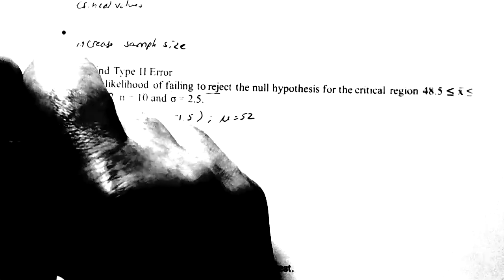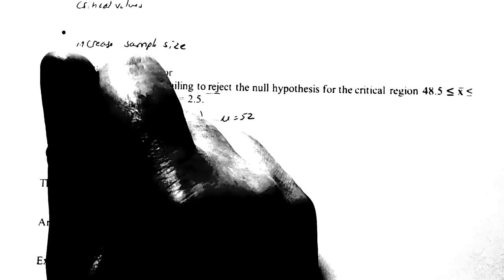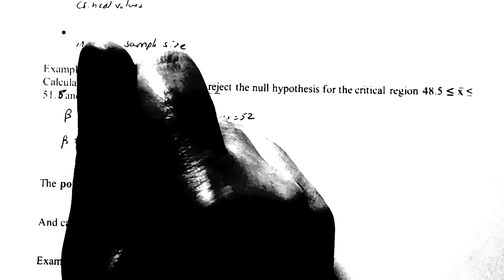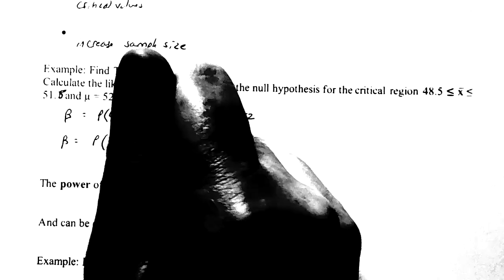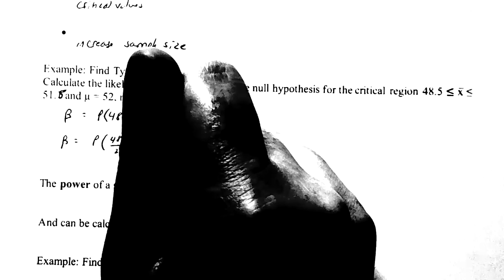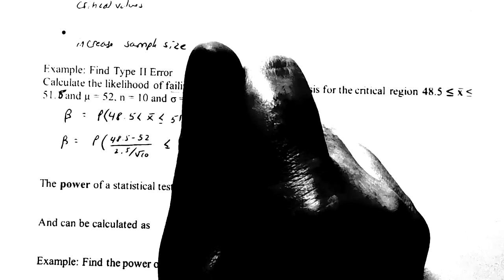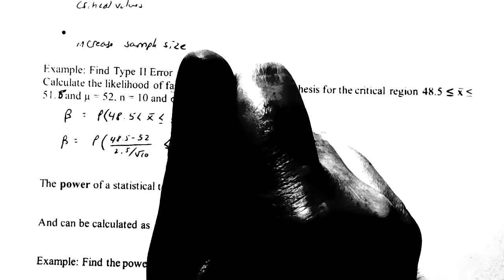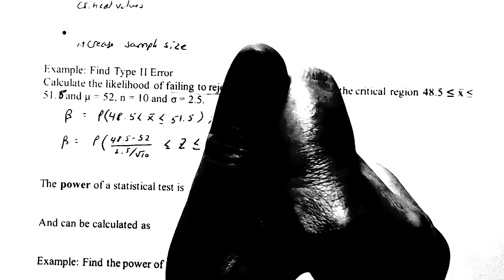So beta is equal to the probability that (48.5 minus 52) divided by (2.5 over the square root of 10) is less than or equal to z is less than or equal to (51.5 minus 52) over (2.5 over the square root of 10).